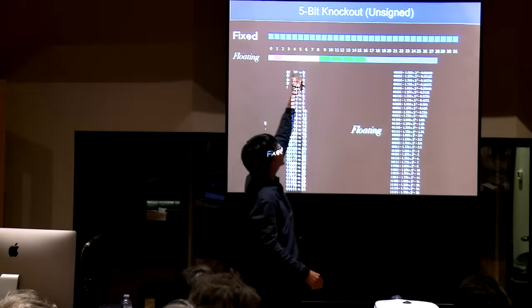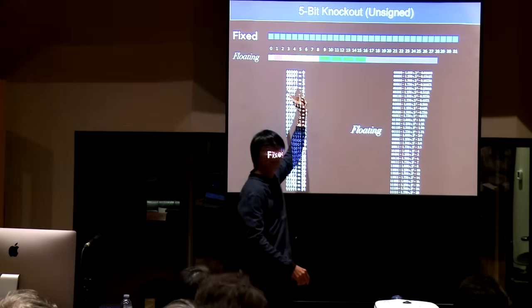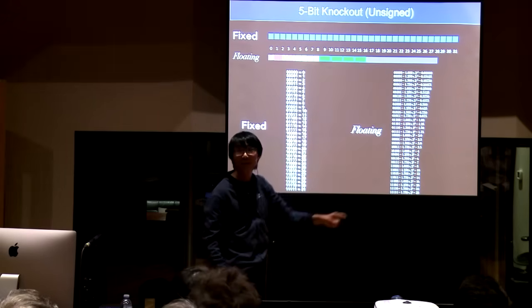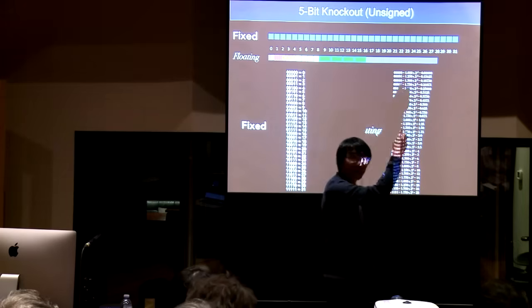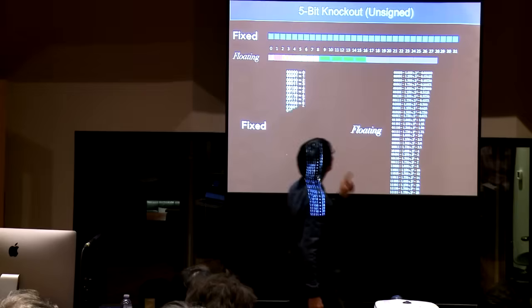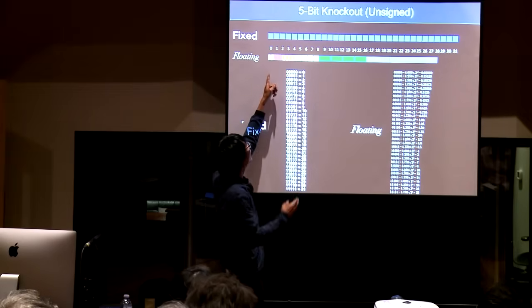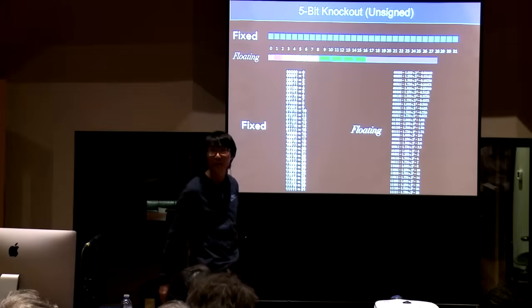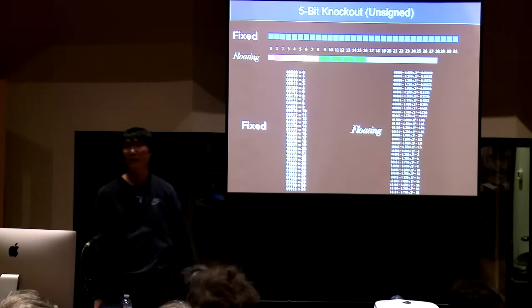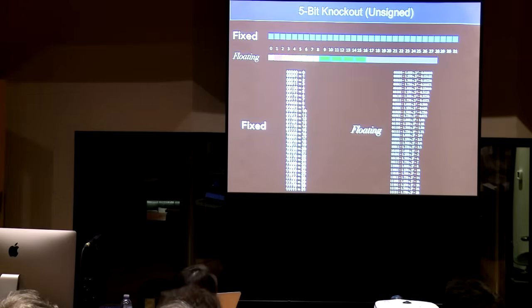So this is a number line, right? 0 to 31 is a number line. So fixed point is regularly walking from 0 to 31. But floating point is like walking a lot between 0 and 1. So there's no correlation between LSB and MSB on that graph? Not on this one, no. This is just a number line. Right, understood.